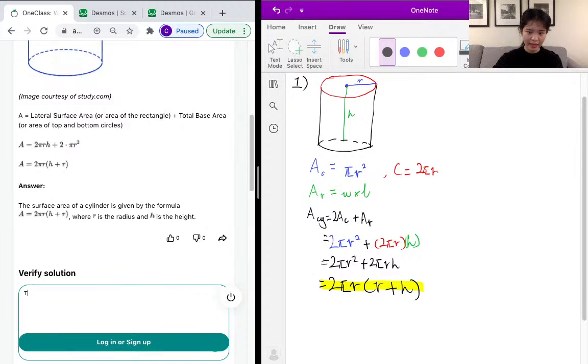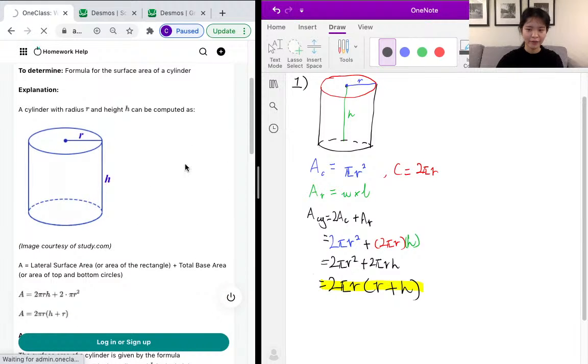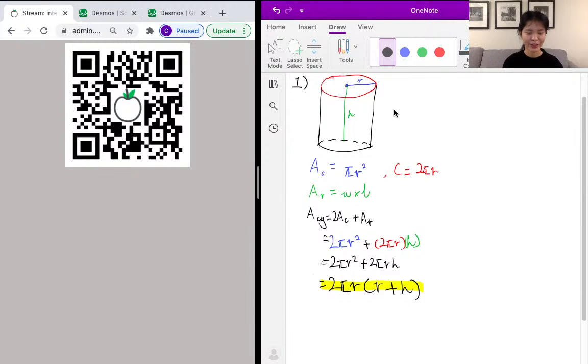So let's just say the answer is correct. Our answer is correct. Great job. Perfect. So this is our first problem right over here, finding the surface area of a cylinder.